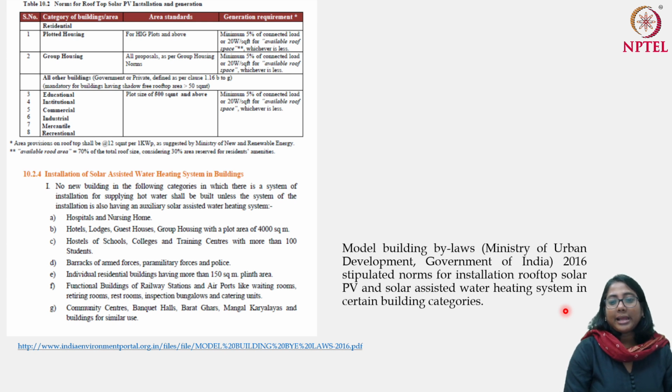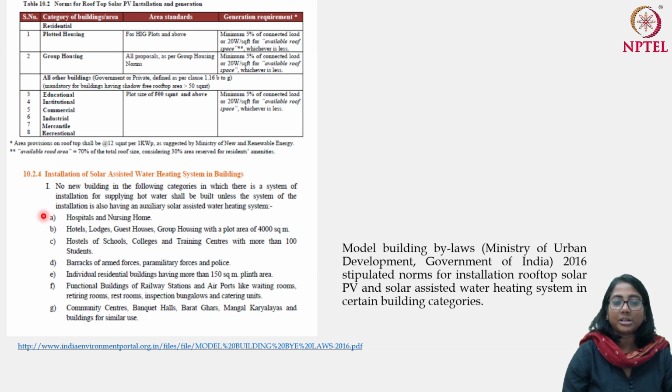This is actually an excerpt from the Model Building Bylaws by the Ministry of Urban Development, Government of India, which was published in 2006. If you look at this document and see point number 10.2.4, it lays down the points related to installation of solar assisted water heating system in the buildings. And you see, from A to G, there are different types of buildings that are defined.